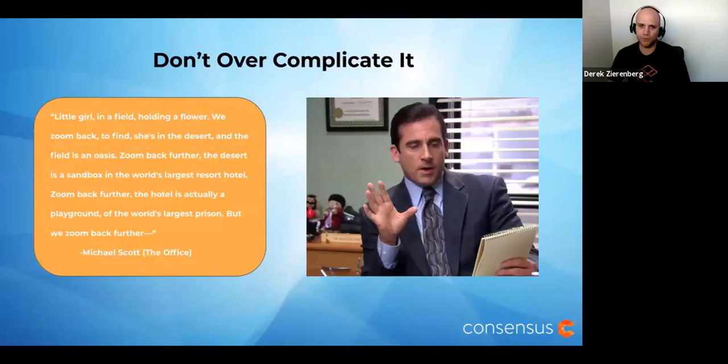And before we jump into the tool itself, I wanted to put this on the table. This quote is from an episode of The Office where the boss, Michael Scott, is trying to come up with an idea for a commercial to advertise his paper company. And here's what he came up with. It says, little girl in a field holding a flower.